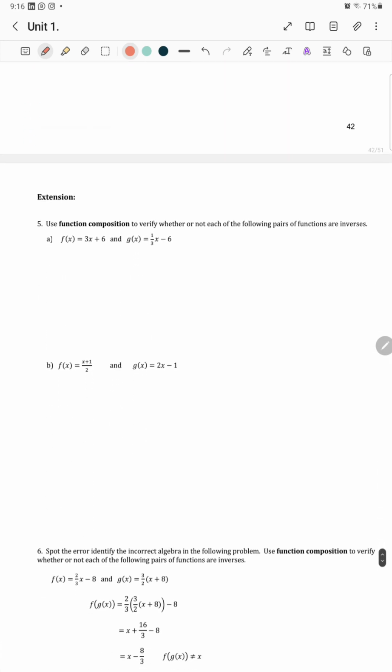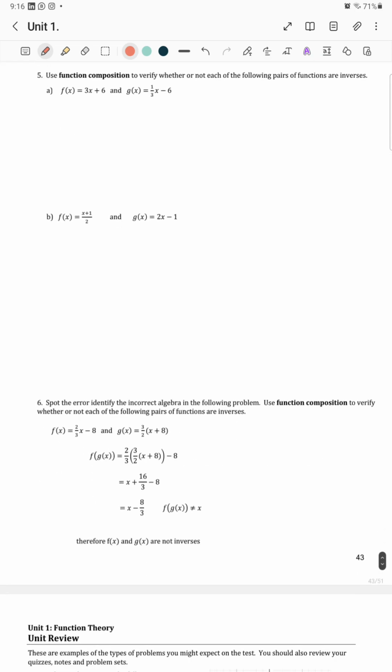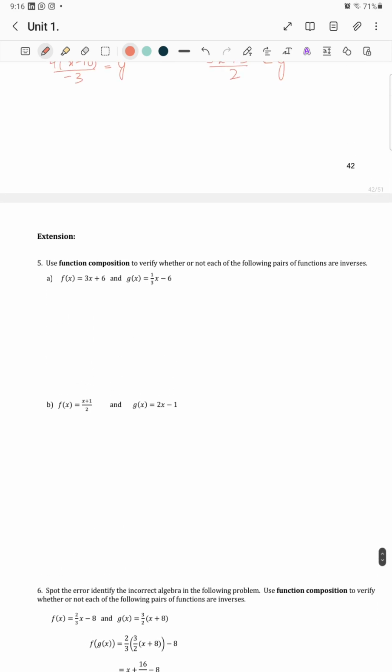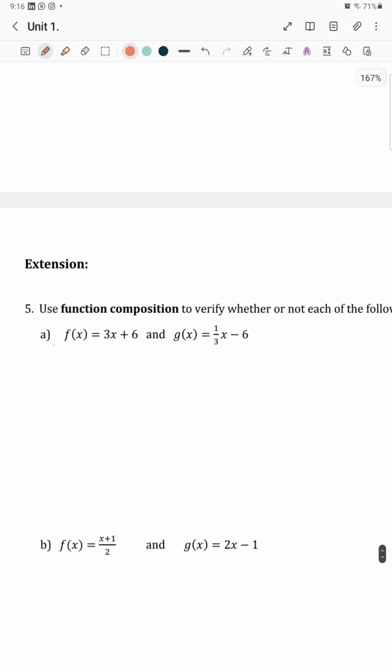Extension. Use function composition to verify whether or not each of the following pairs of functions are inverses. So for f of x, we need to find f g of x and g f of x. And if we get x, it means they are inverses, otherwise they're not. So we need to find f g of x. It becomes f of x.